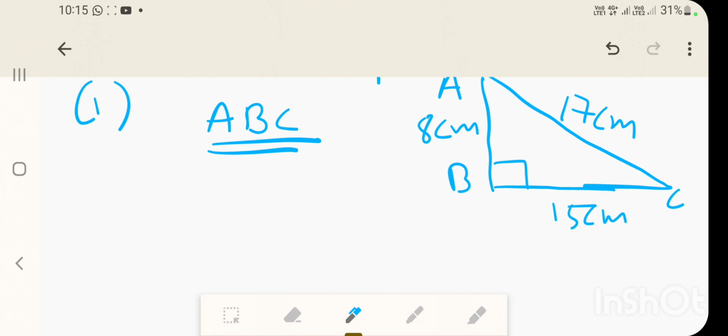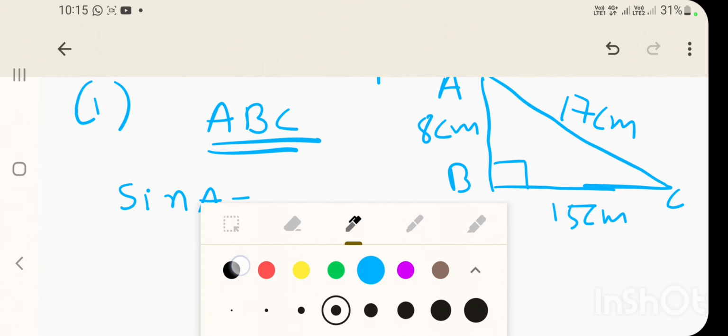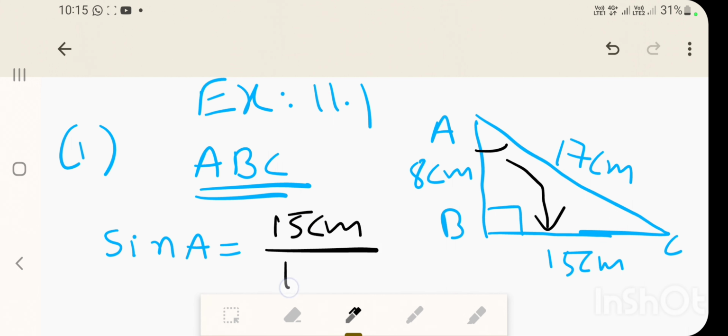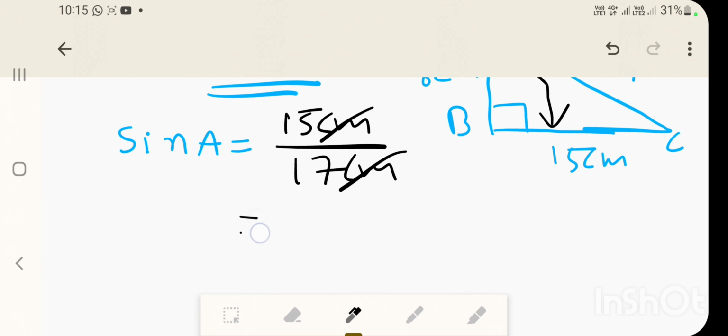What they are asking is to find sine A. We take the angle here. Sine A is defined as the length of the opposite side divided by the hypotenuse, that is 15 centimeters divided by 17 centimeters. Centimeters will get cancelled and we get 15 by 17.